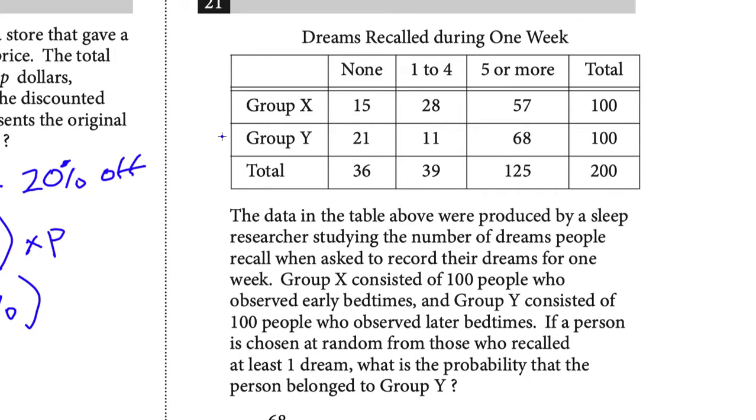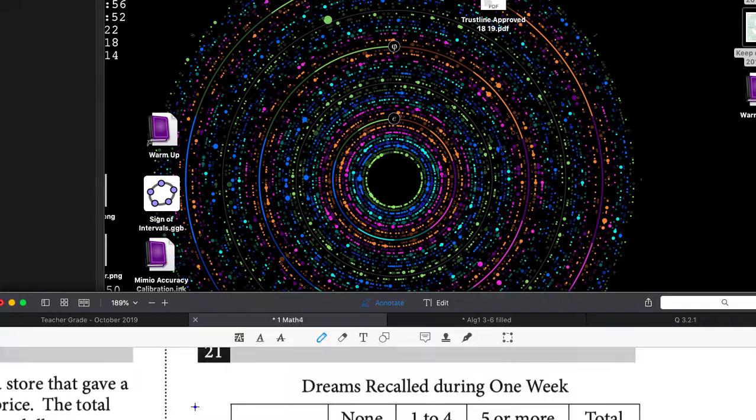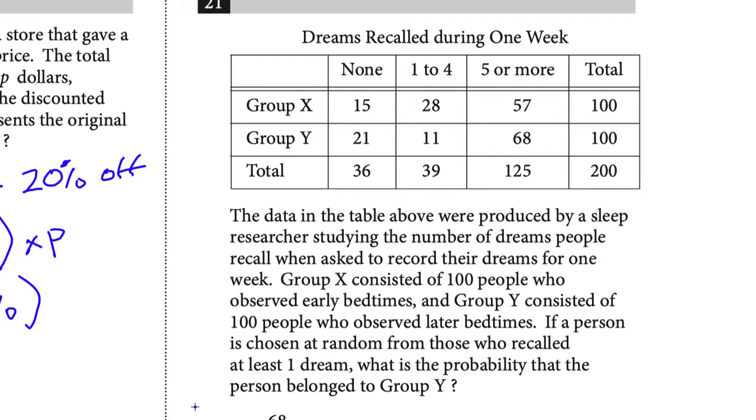Number 21. Lots of stuff to read. So, who wants to read this mega paragraph? Julian. That's too complicated. The data in the table above were produced by Swedish researchers studying the number of dreams people recall when asked to record their dreams for 1 week.